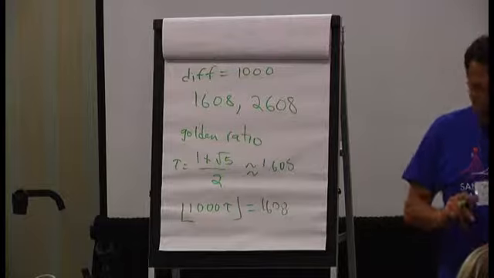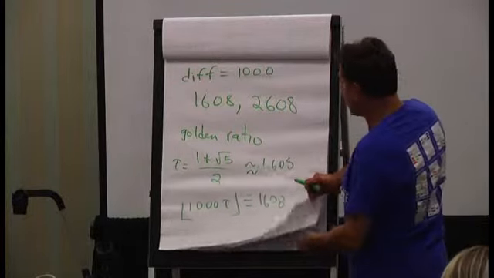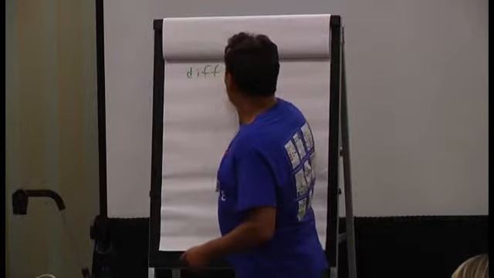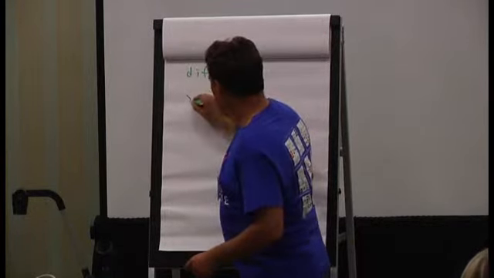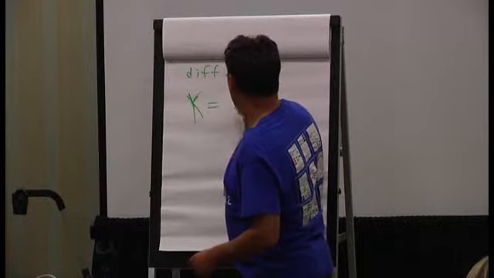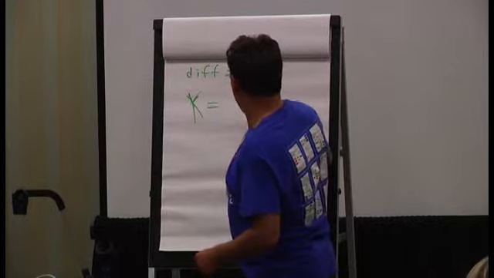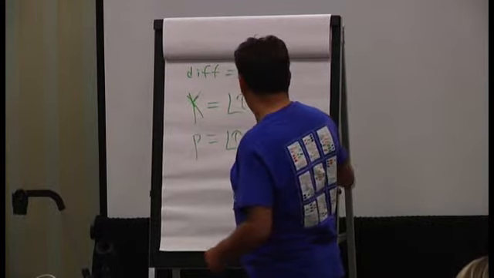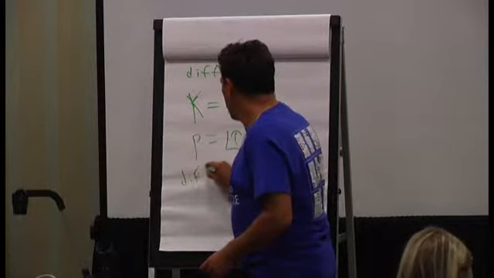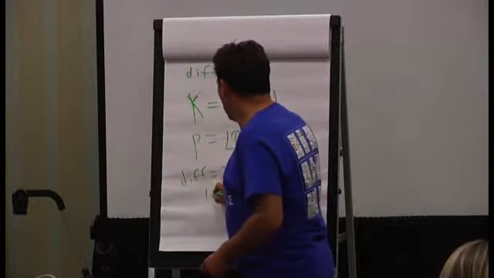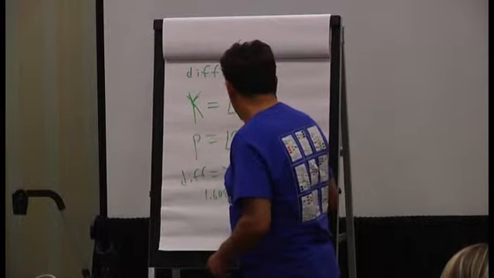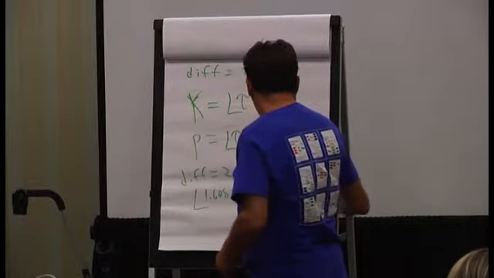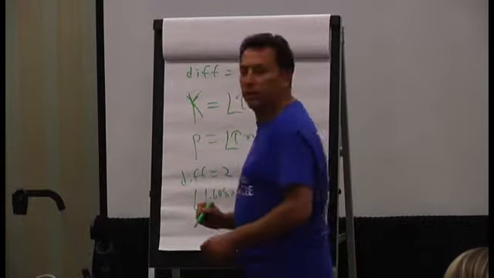So the formula is this: if the difference equals n, then your kitten value, the x value, is equal to floor of tau n, and puppies is equal to floor of tau n plus n. For example, if the difference is equal to 2, we go 1.608 times 2 is 3.216. Floor of that is 3, and so it's 3, 5.